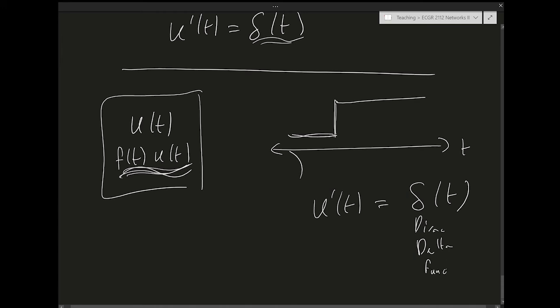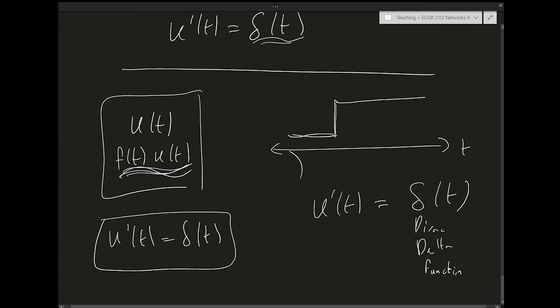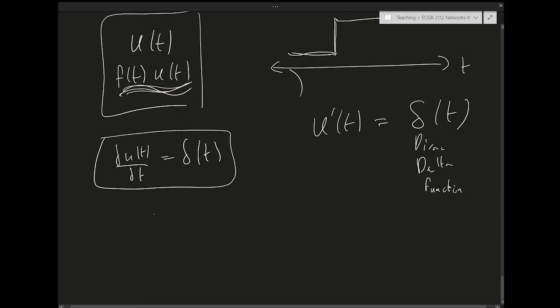So we discovered this basic property: u prime of t equals delta of t, or let me write it this way, du of t over dt equals delta t. And then we know that the area under the curve of delta t, if we integrate it from minus infinity to infinity, equals 1.